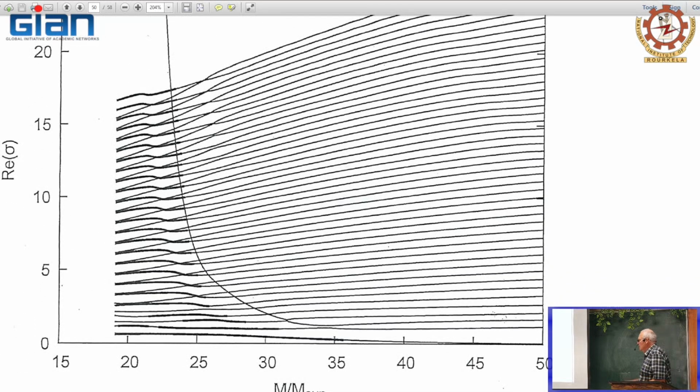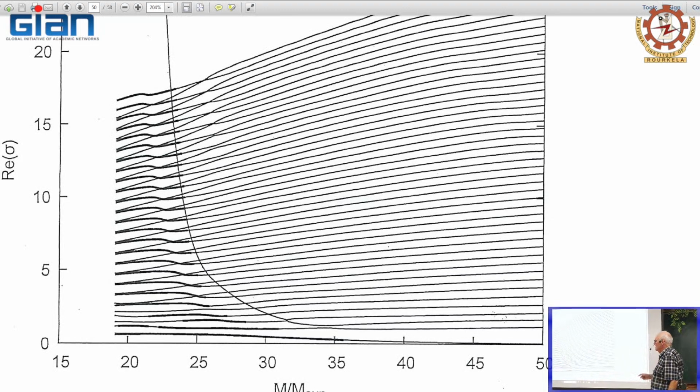So in this diagram, we plot the real part of the eigenfrequency, sigma r, as a function of mass for the various models. Let's start with the 50 solar mass objects. We have a nicely spaced spectrum. That's the spectrum we would expect for an ordinary acoustic resonator.